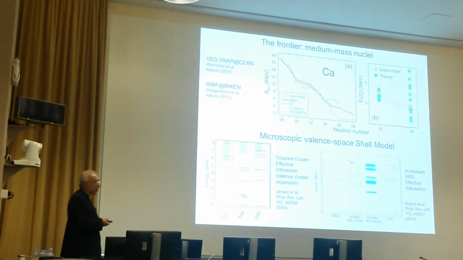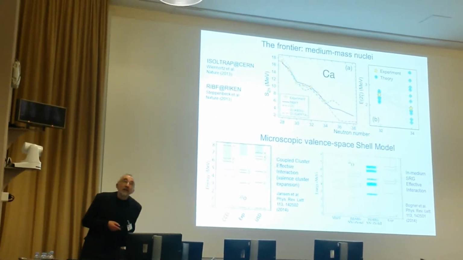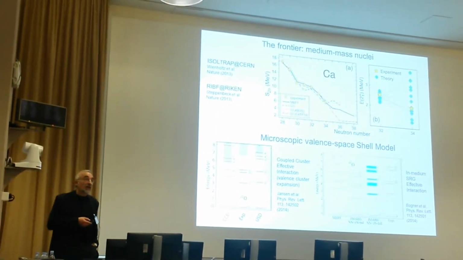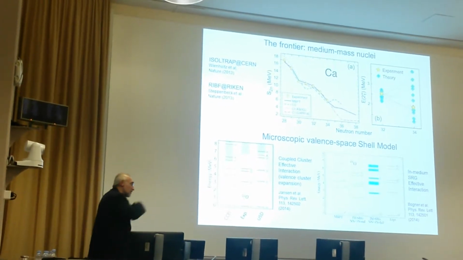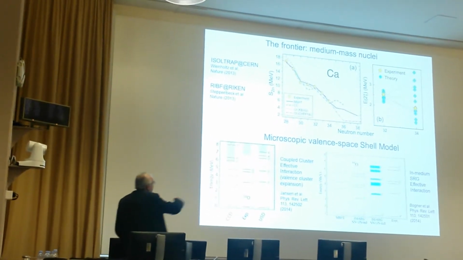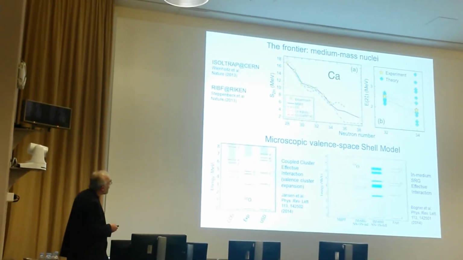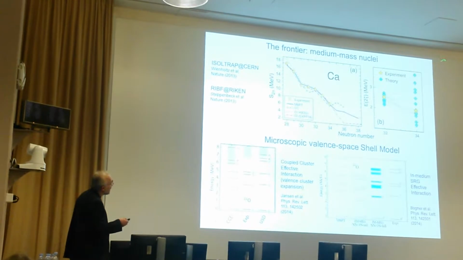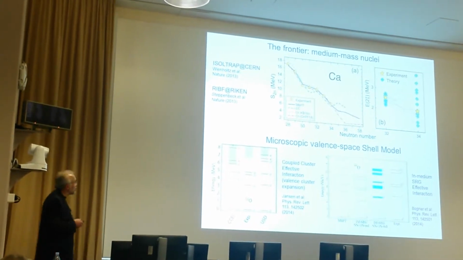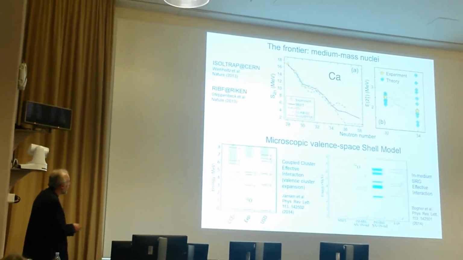So extrapolations are still a problem, and it's important to have the data on this one extra nucleus with 2 more neutrons. So calcium 56, as you can see, is certainly a very important system to be measured.